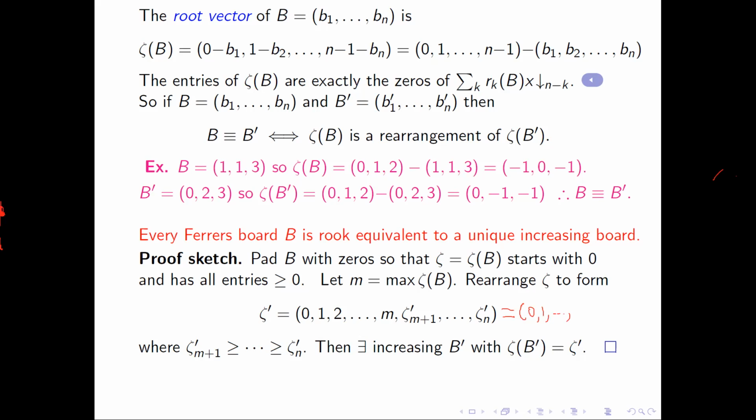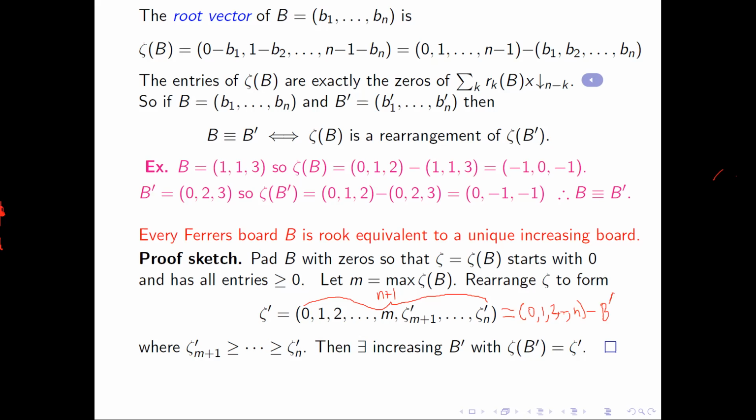So let's see, how many total entries are there here? n plus 1, is that right? I think there are n plus 1 entries. So zeta prime is 0, 1, 2, just so it's clear what's going on here, all the way up through n minus b prime. And so you're going to be able to solve for b prime.